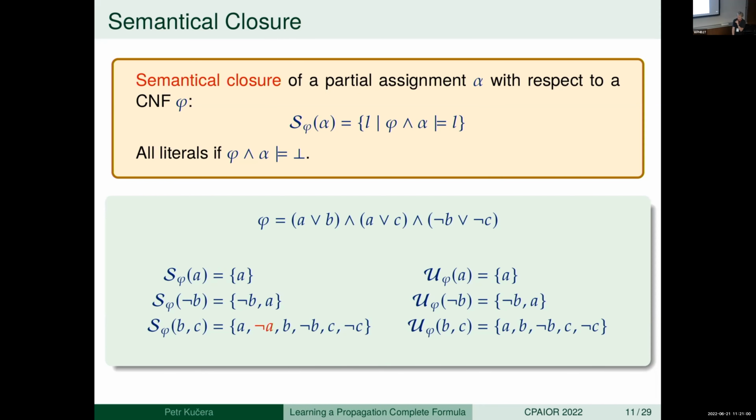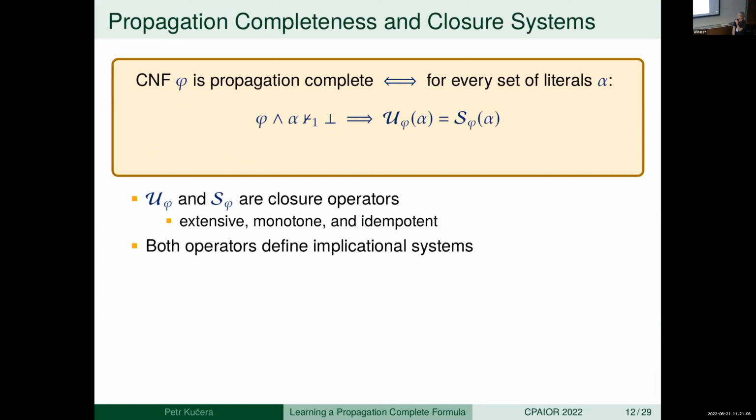So we can use these closures to characterize propagation complete formulas the following way. The formula is propagation complete if, for every set of literals such that we cannot derive a contradiction by unit propagation, the unit propagation closure and the semantic closure are the same. So whatever is implied, we can derive by unit propagation.